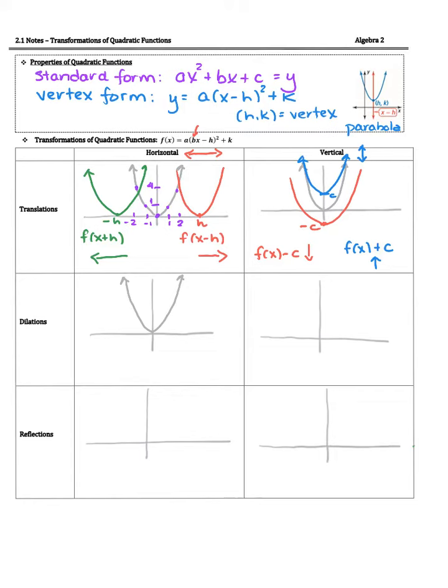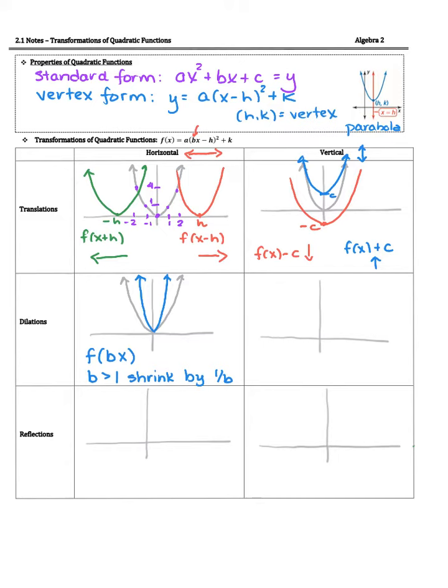So if you saw f of bx, and b is greater than 1, like 2x or 3x, that's actually going to be a shrink by 1 over b. Shrinking means you are shrinking horizontally, so it would shrink in towards the y-axis. That would shrink in by whatever factor 1 over b is.